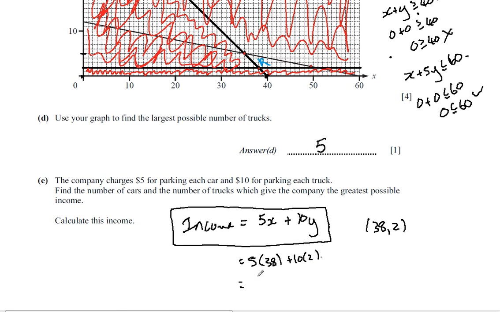That's going to be 190, I think, just double check that, plus 20, which is 210. So that's the first income from the vertices. If you have 38 cars and 2 trucks, we'll earn $210. The next one looks like 35 and 5.